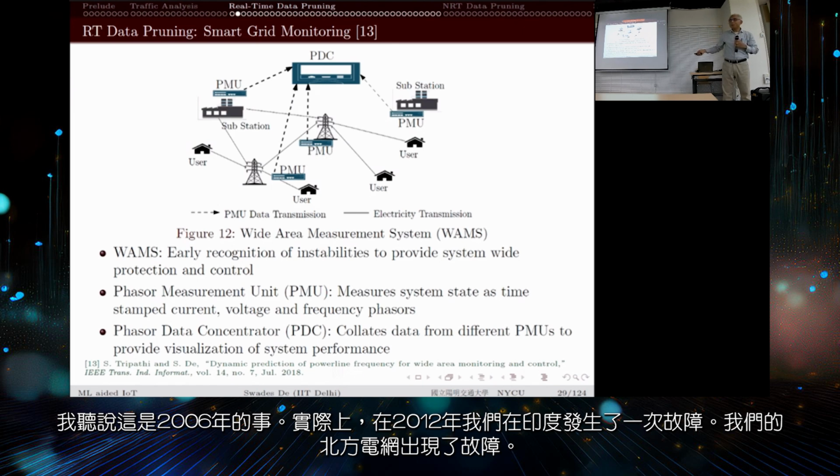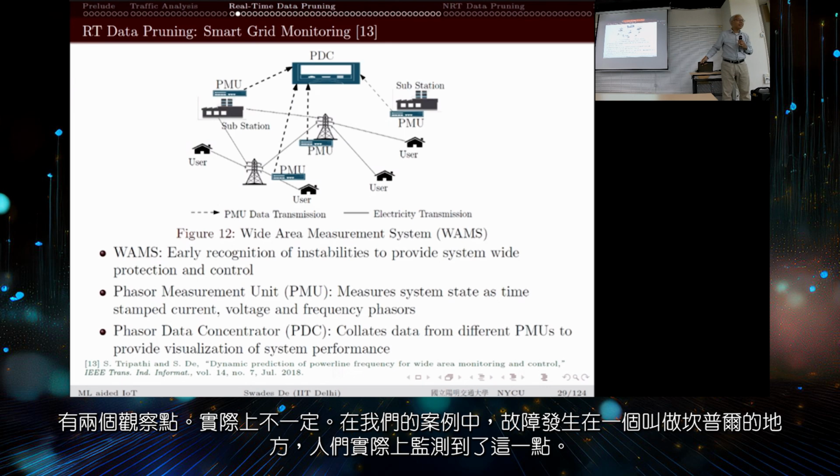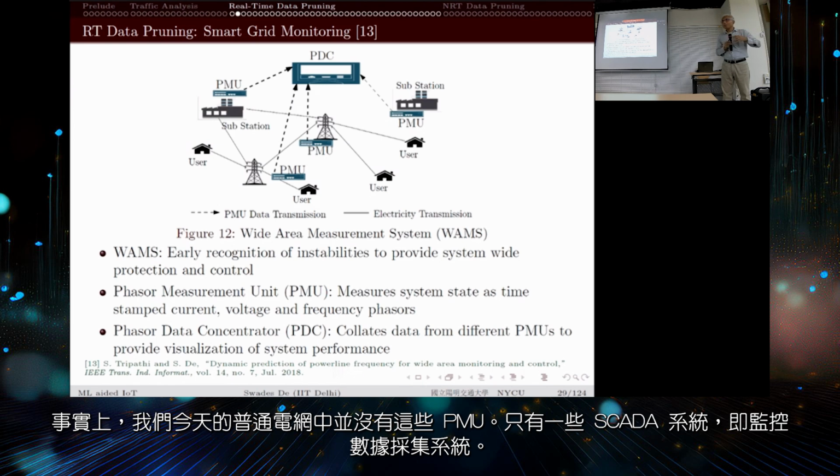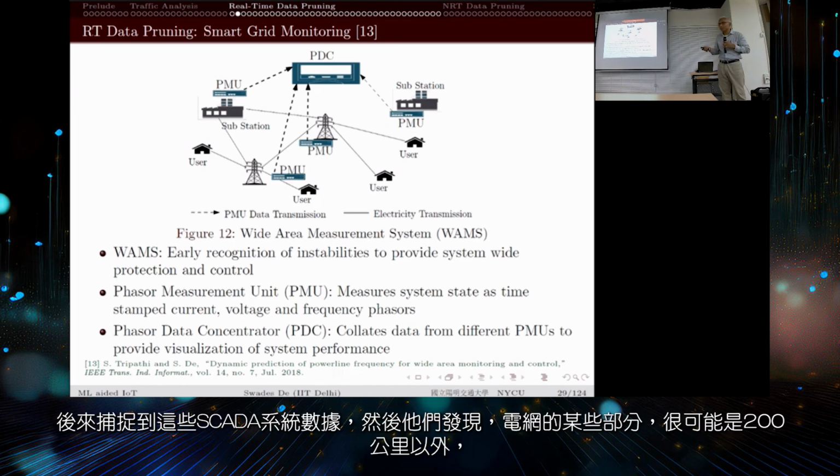In 2012 we had a northern grid power failure in India. The failure happened in a place called Kanpur, and people monitored this. In fact, we do not have these PMUs in the normal grid today. There are some SCADA systems, supervisory control data acquisition systems.